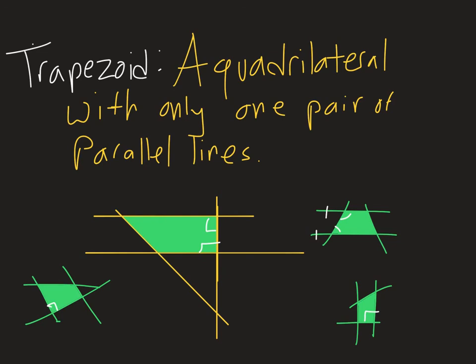And a rhombus is a special parallelogram that has all of its sides as the same size. And lastly, we have the trapezoid, a quadrilateral with only one pair of parallel lines. The other two will intersect, and that's the only thing that makes the trapezoid different.